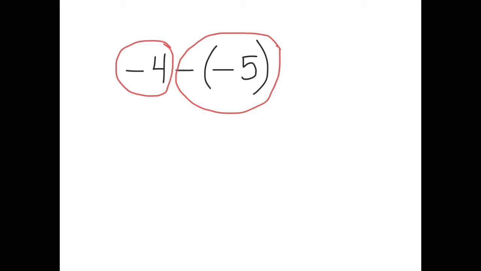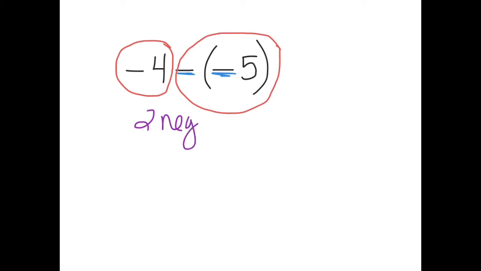Because remember, the sign in front of the number is part of the term. So this negative 5 has two signs in front of it. It has a negative, which you could call a minus, and then another negative. Well, there's something very special when you have two negatives in a row. What happens when you have two negatives in a row?